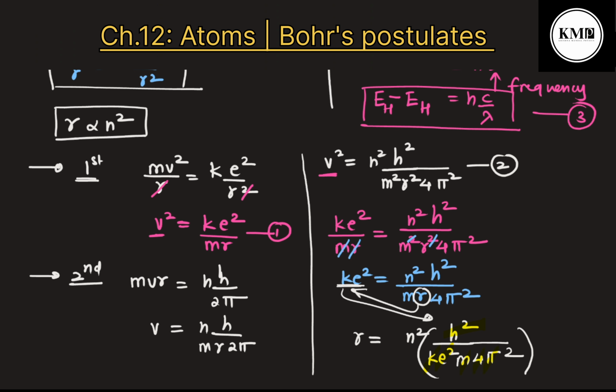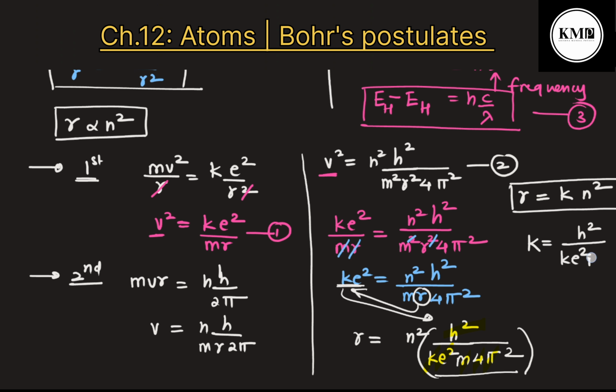If we substitute the values, we will get r is equal to one constant into n square. So this constant can be written as what? h square upon k e square m 4 pi square.